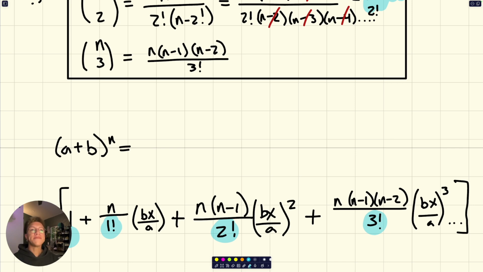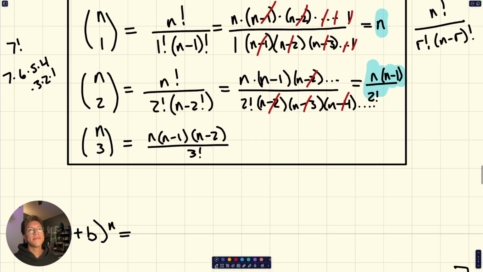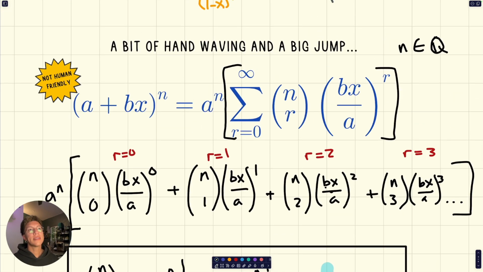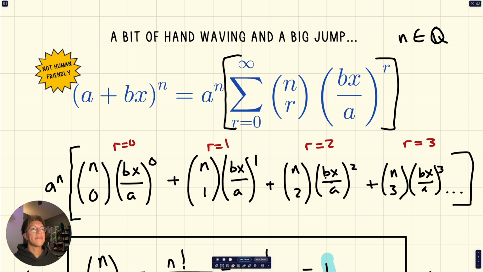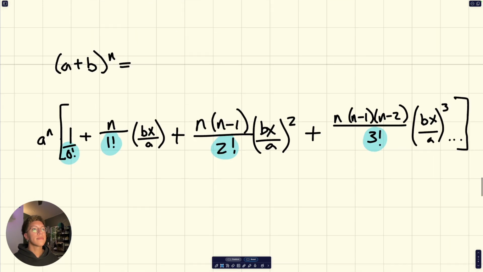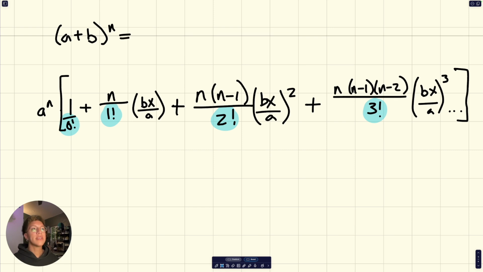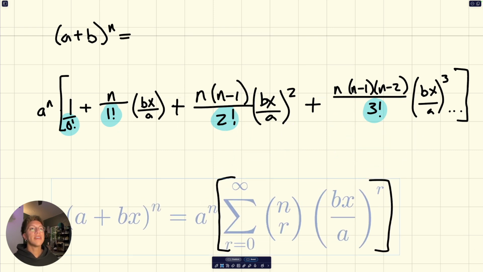And so this is the expanded version of Newton's binomial theorem. So this is Newton's binomial theorem here. Let's go ahead and, well, we'll leave the brackets there. Let's just copy that down. So this is the expanded version of this formula right here.